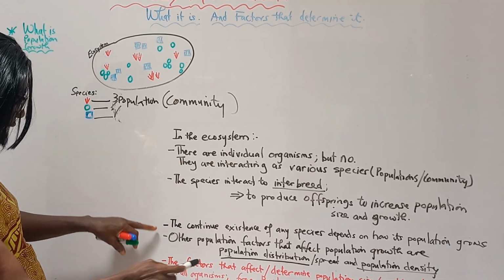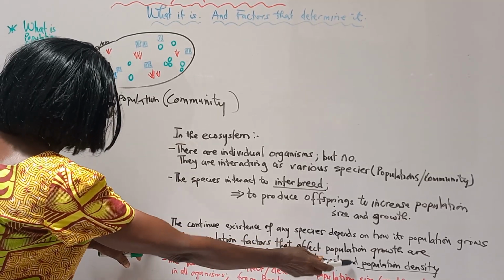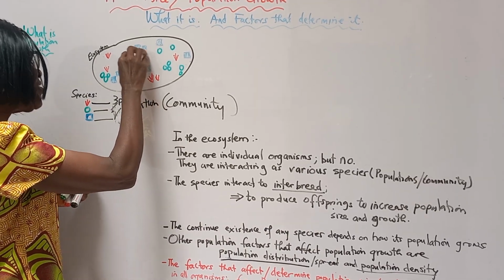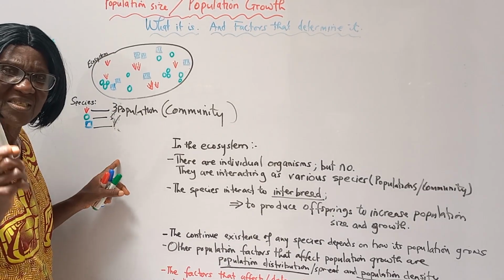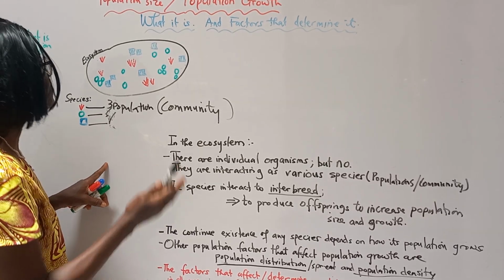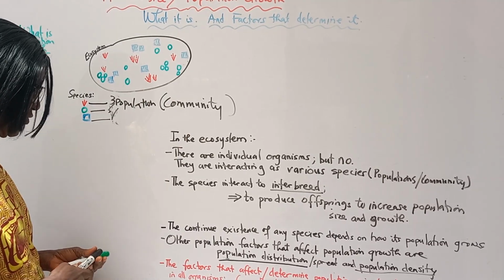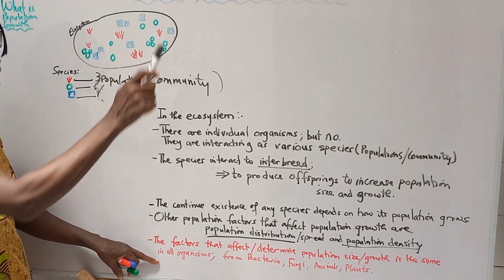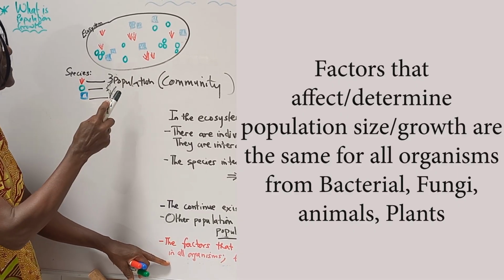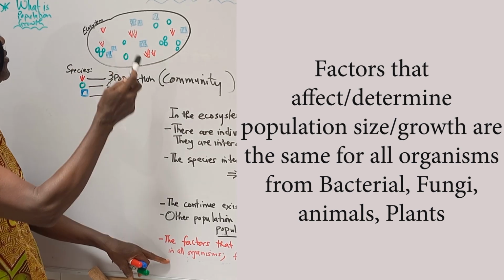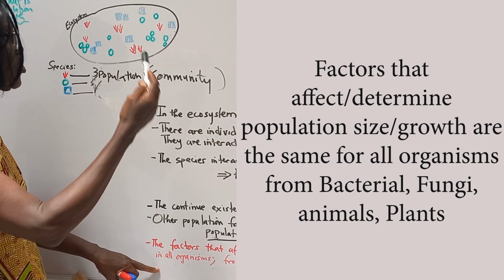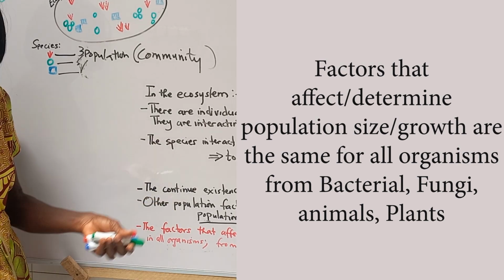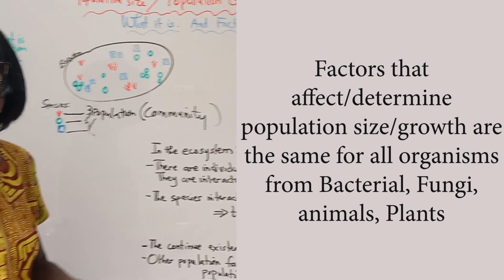And then another population factor is population density. How many of these are in a unit area will affect interbreeding and will affect population size and population growth. We also want to indicate that the factors that determine the population size and population growth are the same in all organisms. Bacteria, fungi, plants, it is the same.